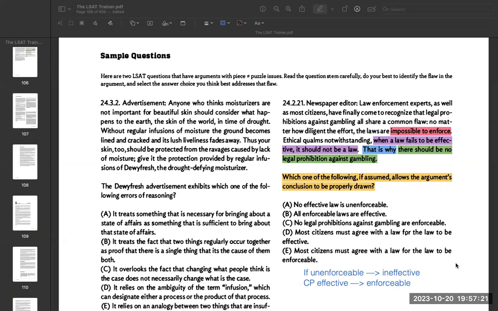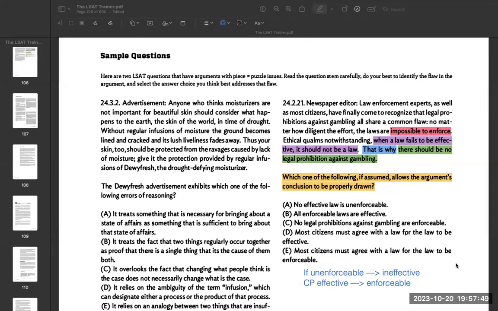Okay. So no effective law is unenforceable. If we look at all of the effective laws, we find that none of them are unenforceable, meaning that all of them are enforceable. So I'm just repeating that same idea in multiple different ways so that you can find one that feels intuitive to you, that makes sense to you.